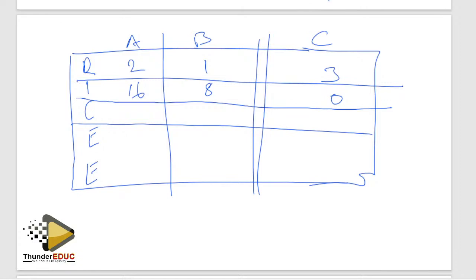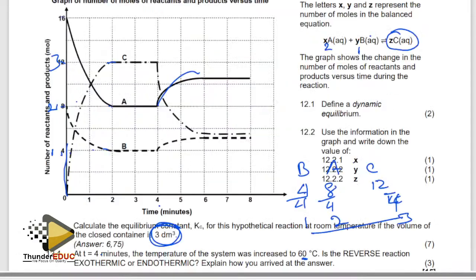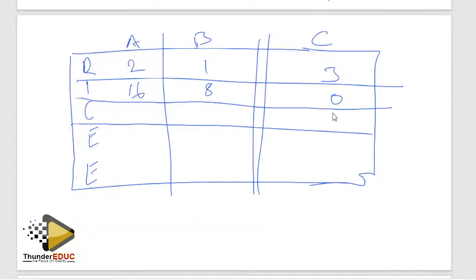How will I find the change? C is 12. Definitely, if C is 12, and at equilibrium, that's what is produced. Even at equilibrium it is 12.